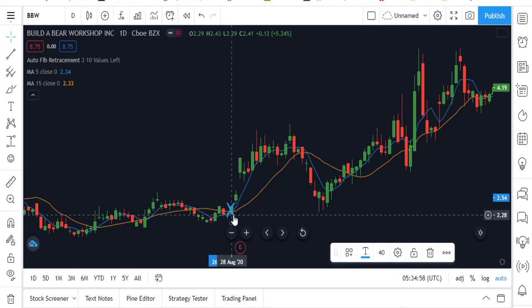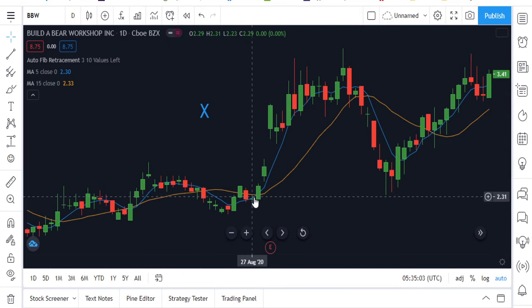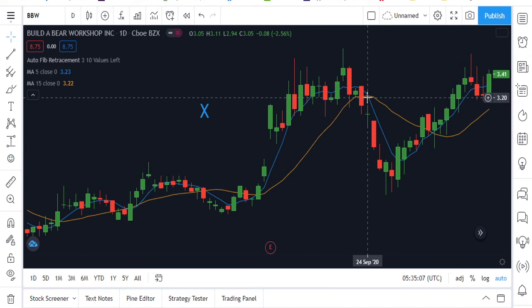So that would be a buy right there. The crosses, I'll move that over. We'll zoom in. See how the 5-day crosses the 15. Buy it at 233. You sell it at 319.